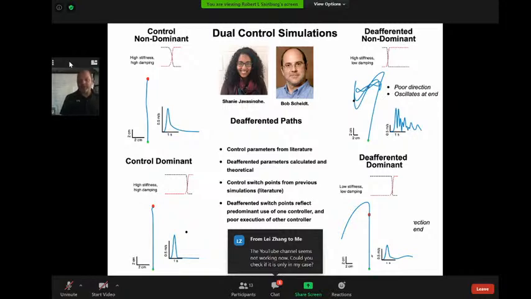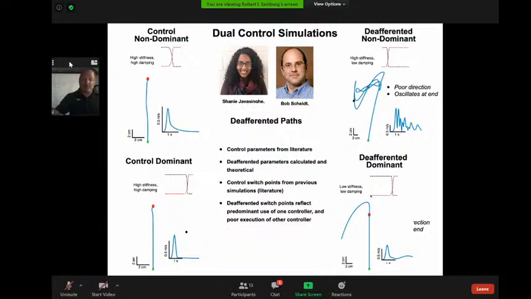And so you get this more accurate initial direction, in this case, in our simulation, completely accurate, with this momentum-induced drift at the end of movement because of the poor postural controller that's initiated late.